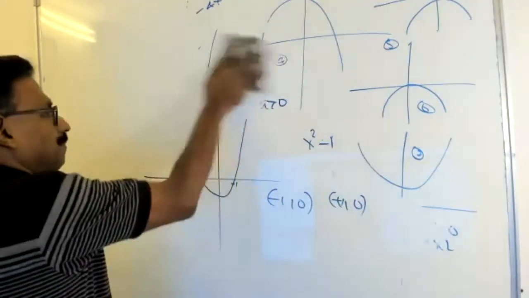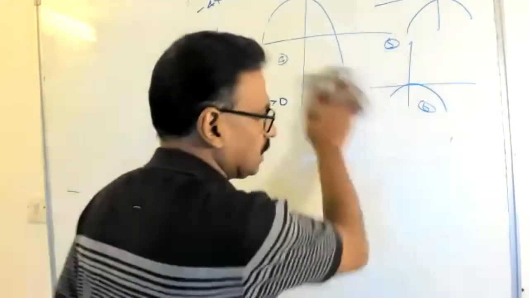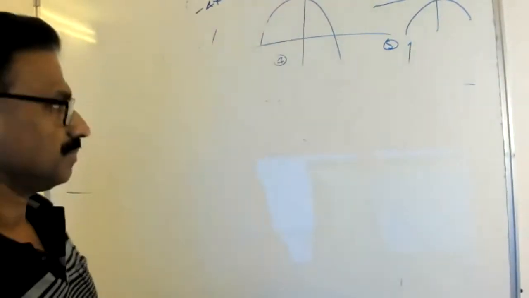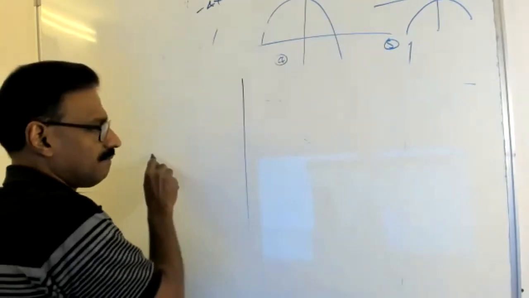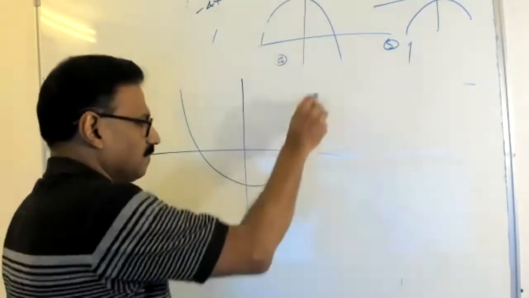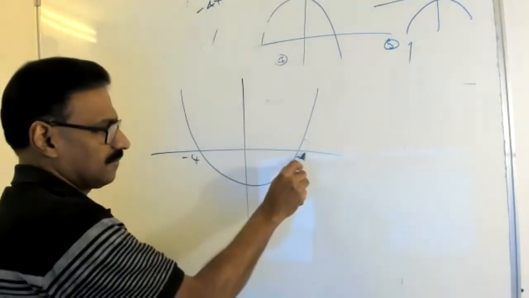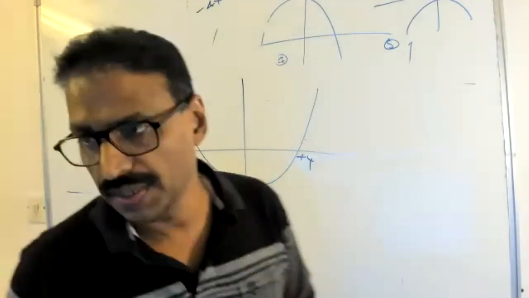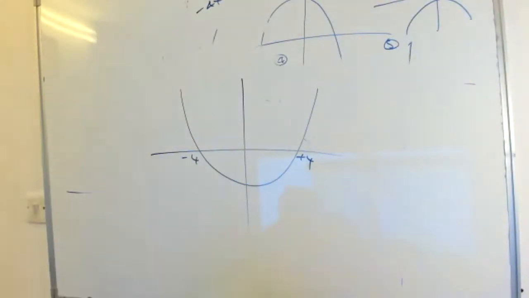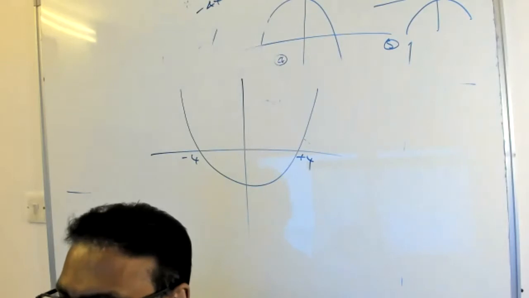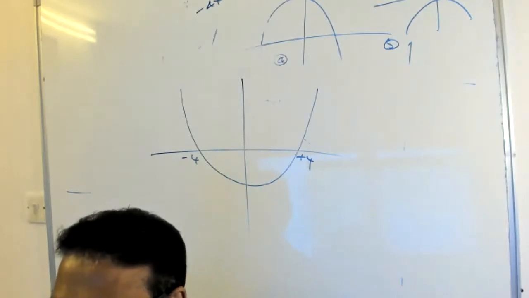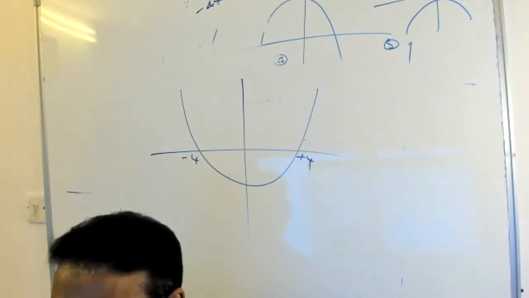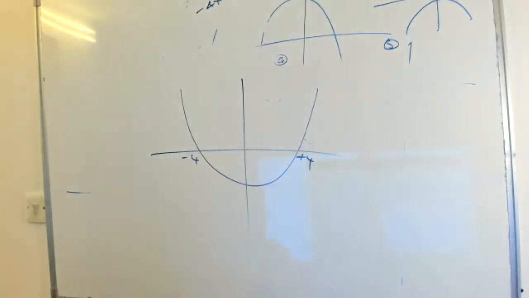Now, look, my question I'll ask, don't answer it, okay? Anubhava, question number 1: how many zeros here? 2.